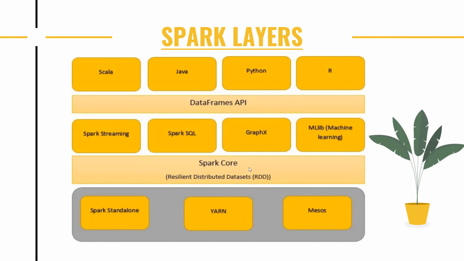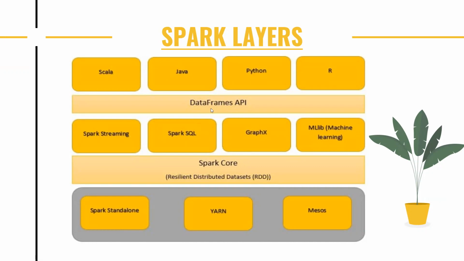Coming to Spark core, as I said, it's the core functionality. Then the basic abstraction is the RDD, which we call resilient distributed dataset. On the top of Spark core, we are building functionality like Spark streaming, then we have Spark SQL, graphics, and machine learning.